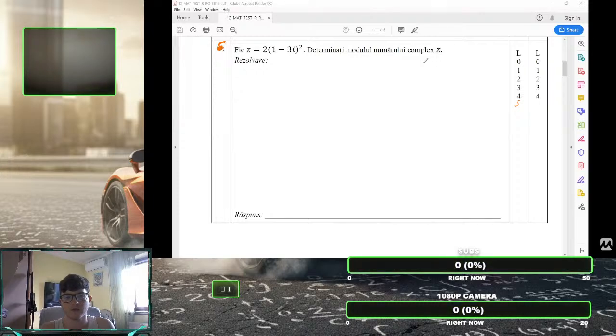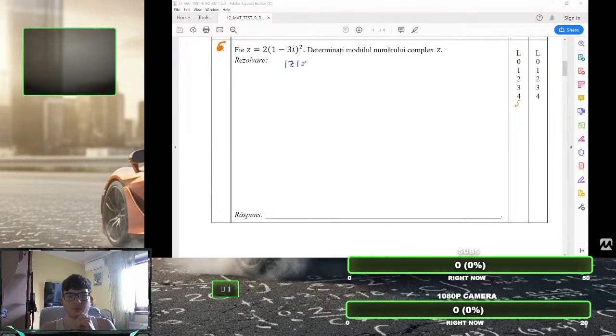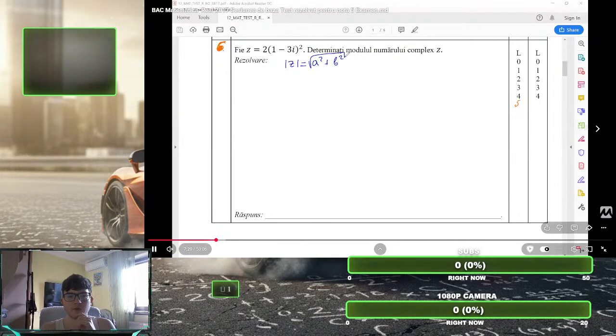A is 2. First we have to take the parenthesis out, and we'll work with that. B is basically the part with i. So yeah, I knew this formula. It's not the first time I see such exercises. This one of course is slightly different.